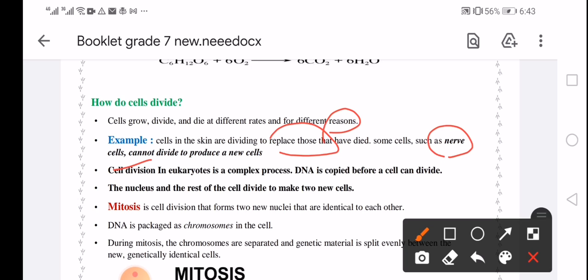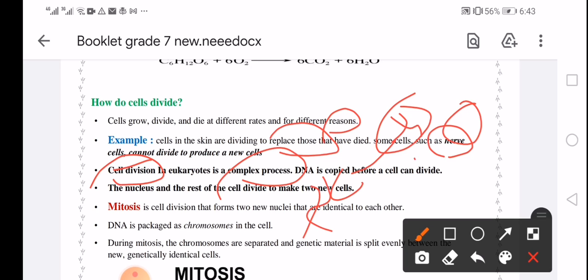Cell division in eukaryotes is a complex process. DNA is copied before a cell can divide. So in cell division for eukaryotes like plants and animals, the DNA inside the cell is first copied, and then the cell divides.